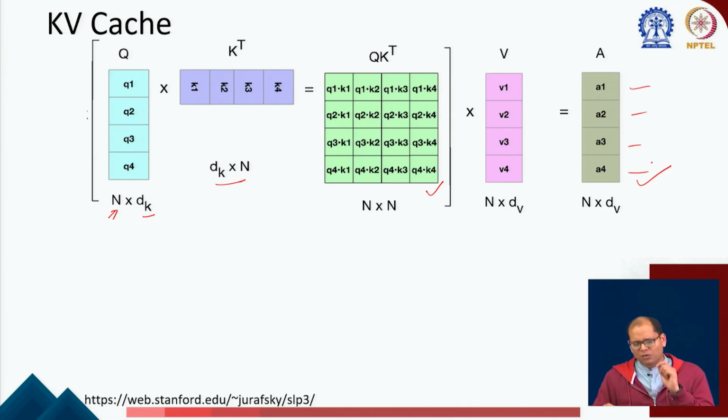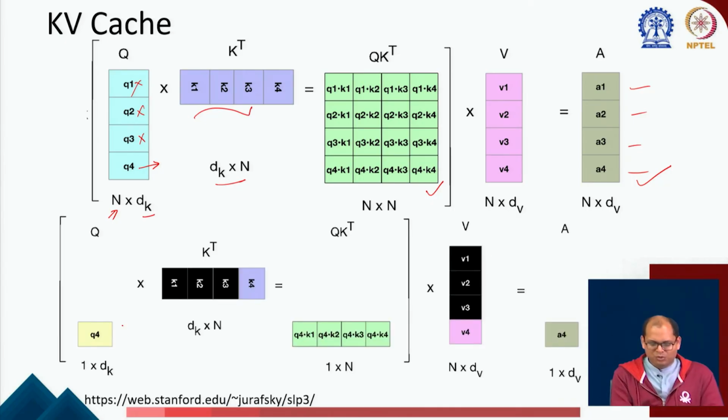Now, what is query caching telling us? In decoding you will only do one word at a time. So at inference time in decoding, when you are doing this for Q4, you don't need the previous queries, and all the previous keys would already have been computed. So you just cache them, you don't compute them again.